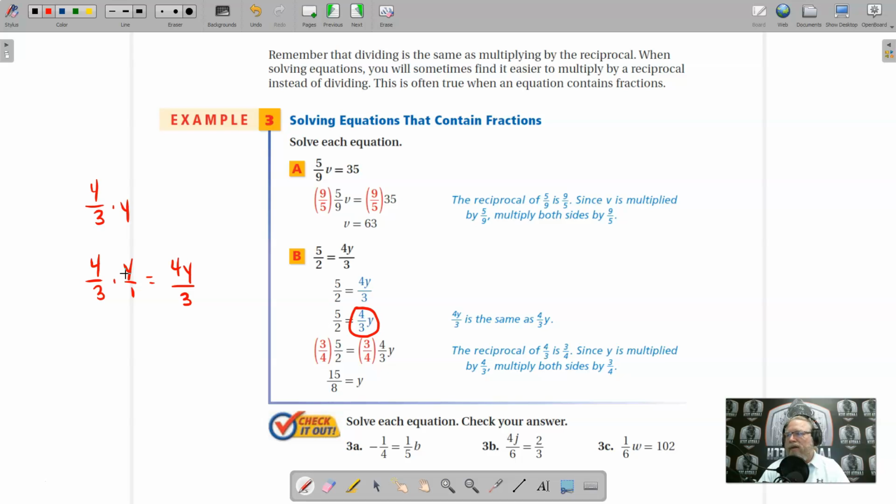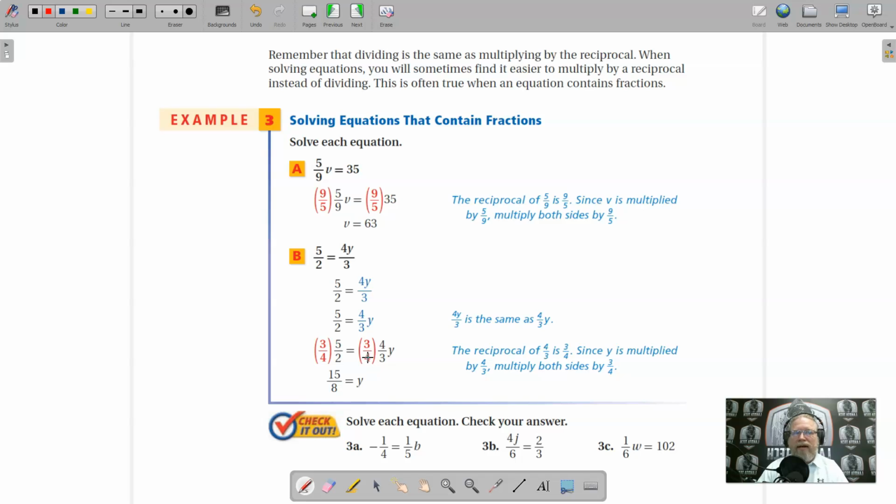And so this is a good illustration of understanding that if you have a variable in the numerator, you can just pull it out and put it over to the side, or like I was saying earlier, if it were out to the side, whenever we had the 5 over 9 v, you could have pushed that up into the numerator and had 5v over 9. Either way it works. You can just move that variable in and out of the numerator.